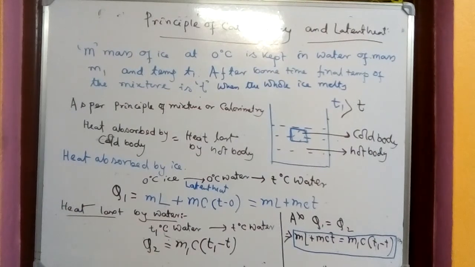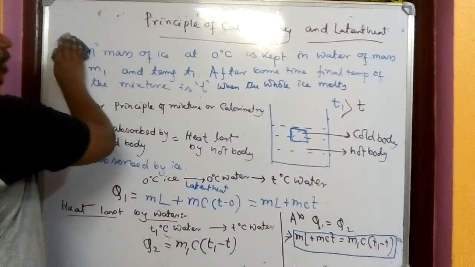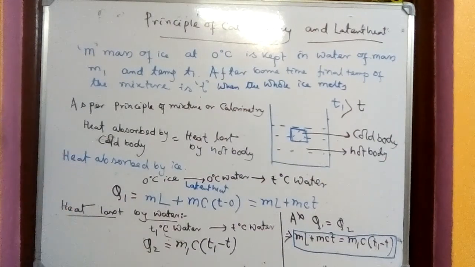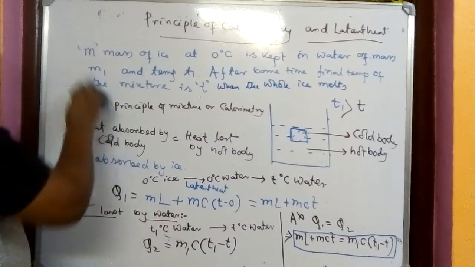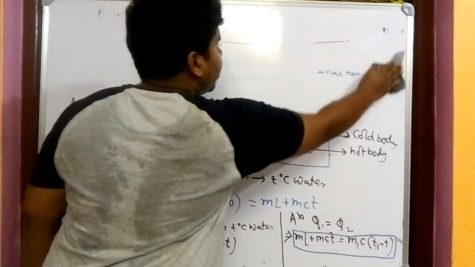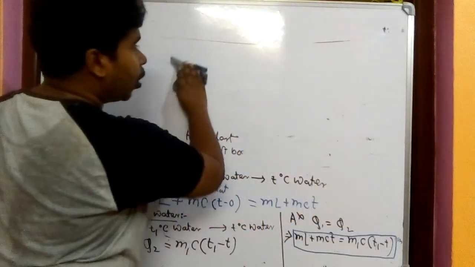Okay, so if we summarize a little bit what we have learned, so I think I can remove it. If you are not able to write it down, pause the video here and write it down. So first we have learned the explanation of latent heat on the basis of the kinetic model.